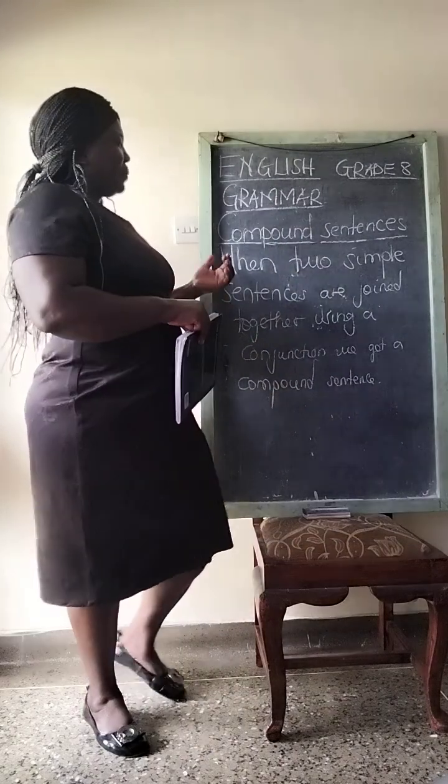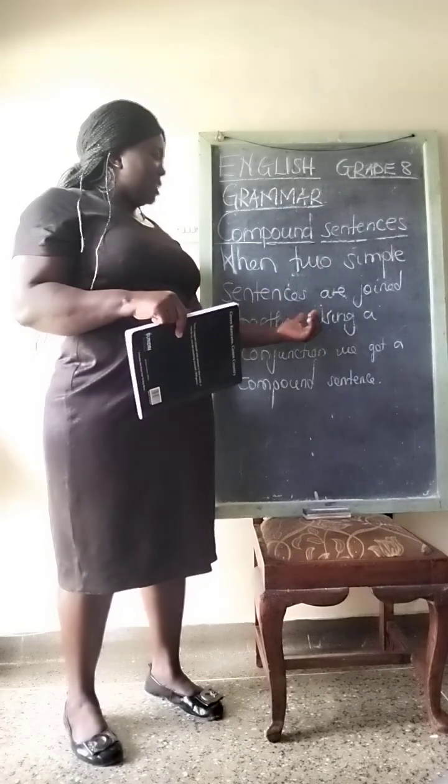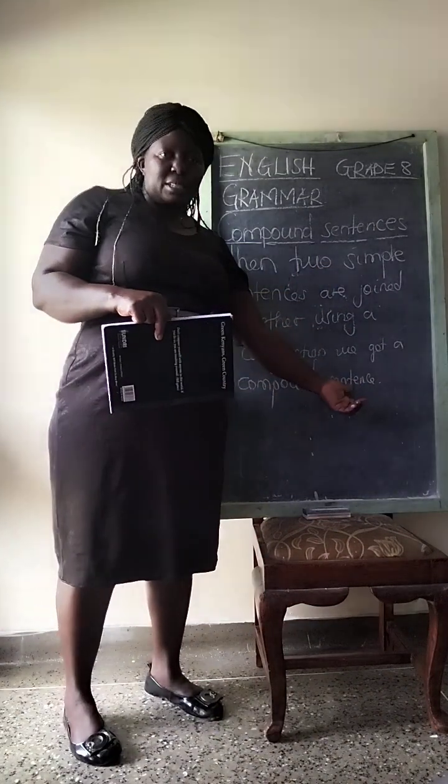Read the statement. When two simple sentences are joined together using a conjunction, we get a compound sentence.